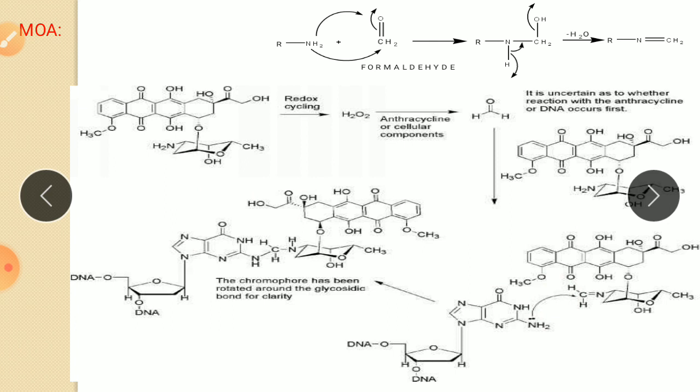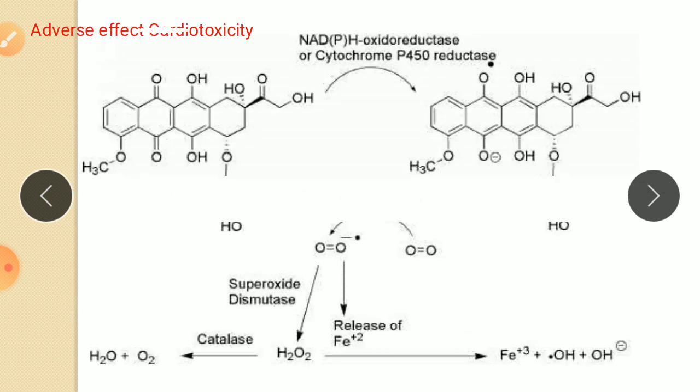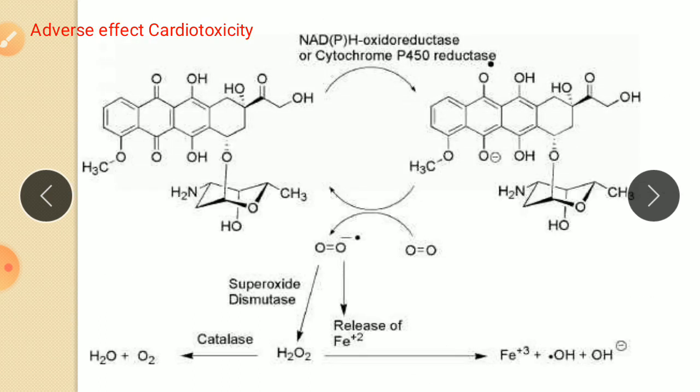Now, so it is about the mechanism of action. Now the toxicity of anthracycline, that is called the adverse effect. Although anthracycline produces several adverse effects that are typical for antineoplastics, cardiotoxicity is a special concern with this class of agent.